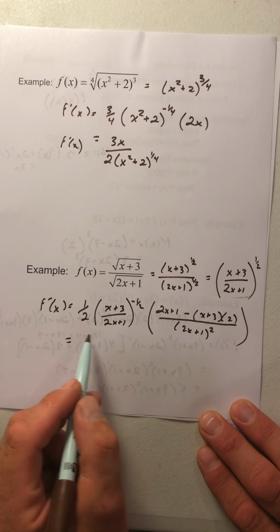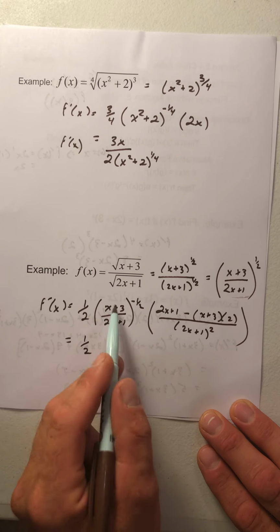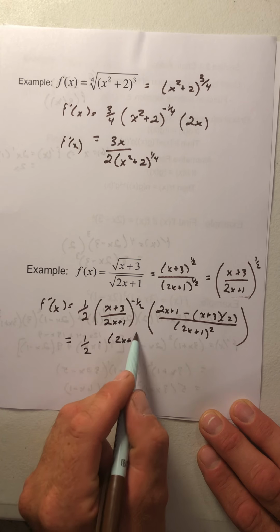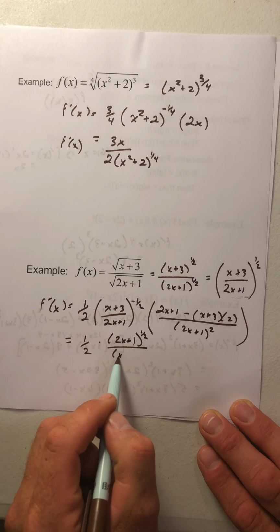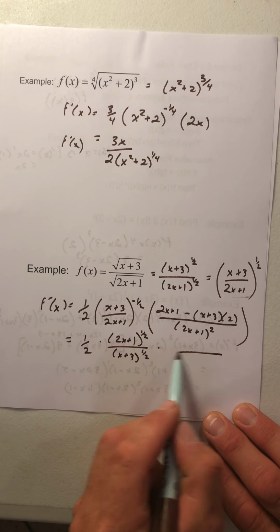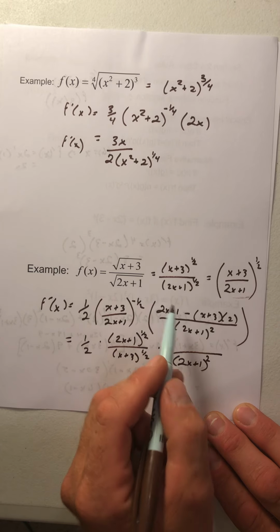So cleaning this up for a multiple choice, we have the 1/2, the negative exponent is going to flip that fraction, and we're going to split it up as well. So (2x + 1)^(1/2) over (x + 3)^(1/2), and then times, we have (2x + 1)^2 on the bottom.